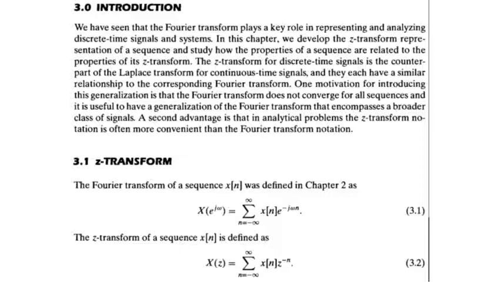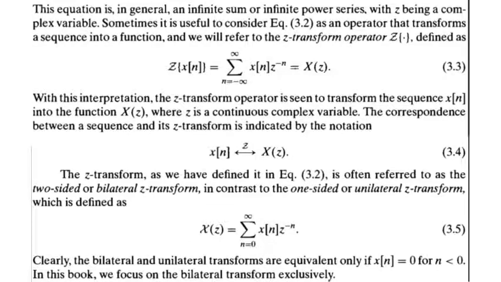Let's move on to the next slide and discuss some more points about Z-transform. If you look at equation 3.3, the equation in general is an infinite sum, a power series. Why are we calling it a power series? Because n starts from minus infinity and goes towards infinity. So z will have values z^{-infinity}, z^0, 1, 2, 3, up to z^{infinity}.